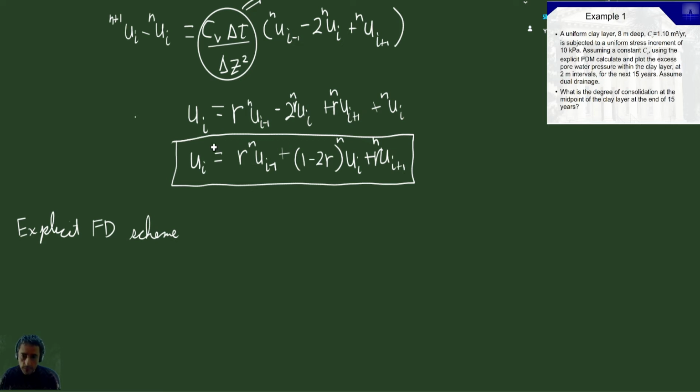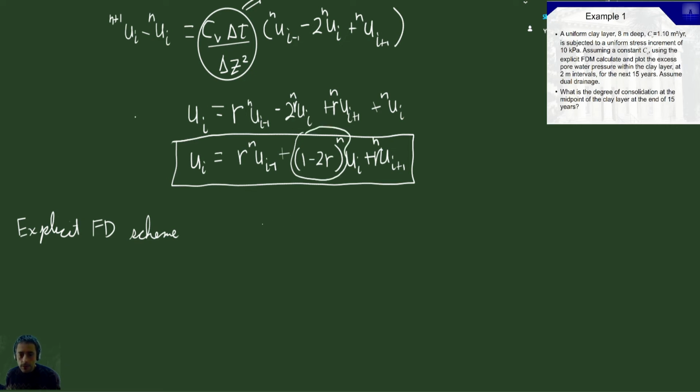For our sake, we could even take a smaller delta z value, but I just want to show you something important here. If you want to have stable results, you should consider the values that you have here.